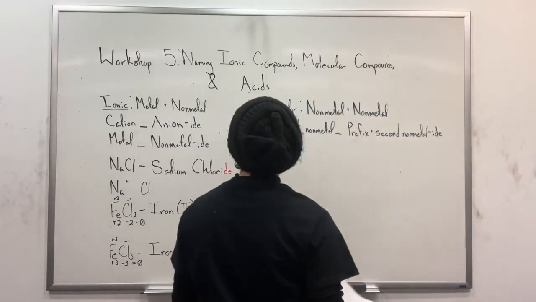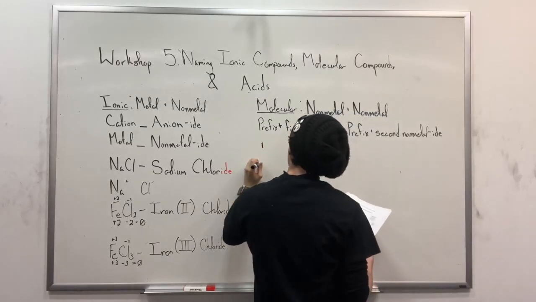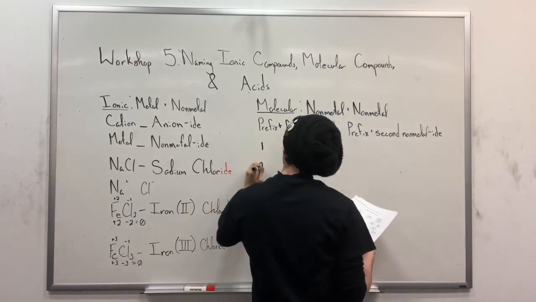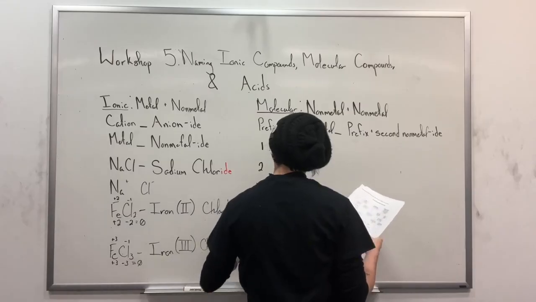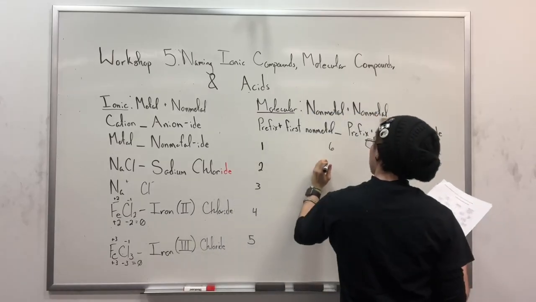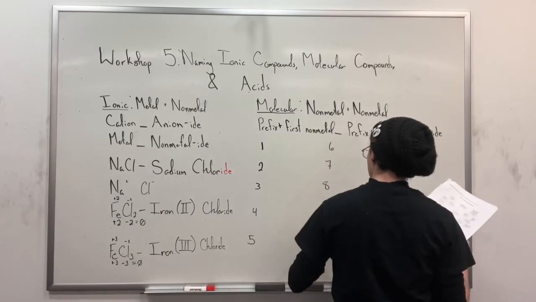And now for our prefixes, we need to write those out. So we're only going to go up to 10. So 1, 2, 3, 4, 5, 6, 7, 8, 9, and 10.